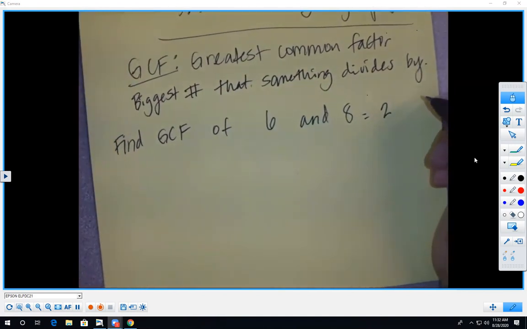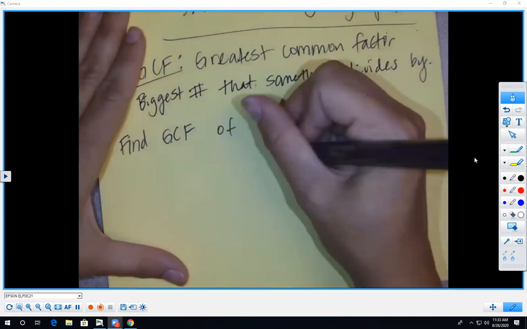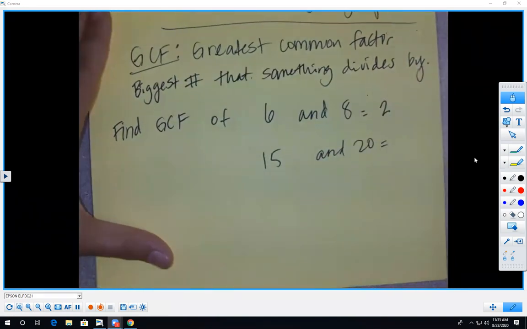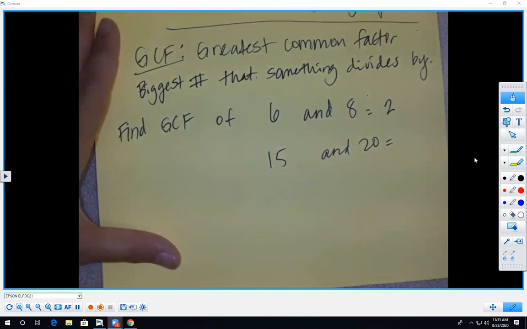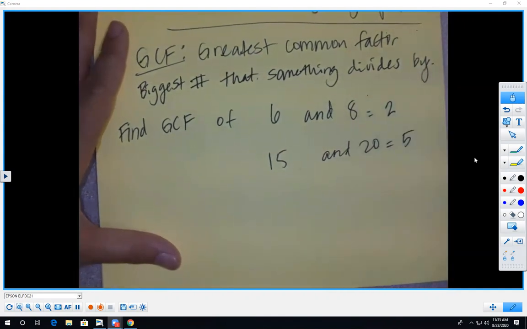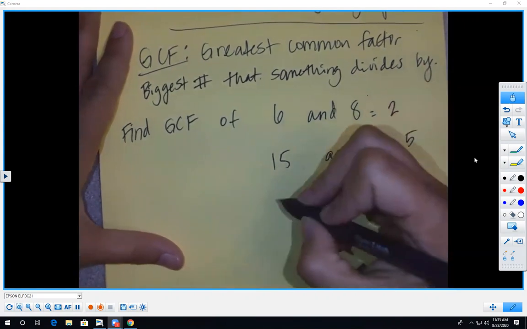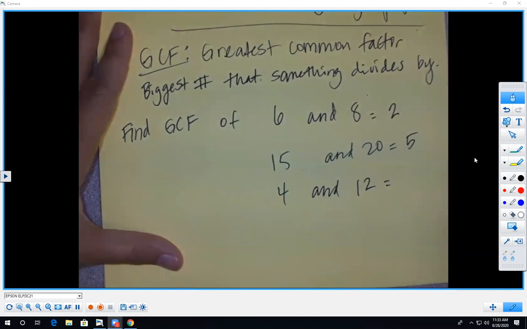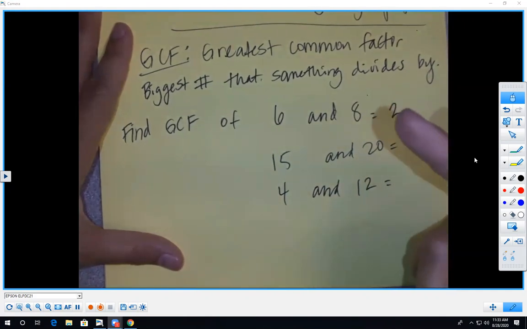Let's find the greatest common factor of, I don't know, 15 and 20. The biggest number that divides into 15 and divides into 20 is 5. What about 4 and 12? 2 is a common factor, it's not the biggest one.